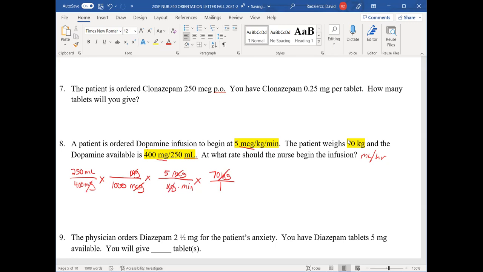Now I'm in milliliters per minute. And the last step is just converting minutes to hours. And then once you do that, you should get an answer that is 13.125, but then we would just round that to 13.1 milliliters per hour.